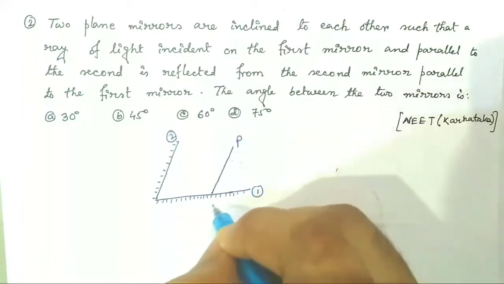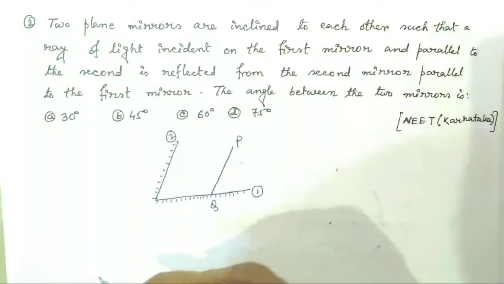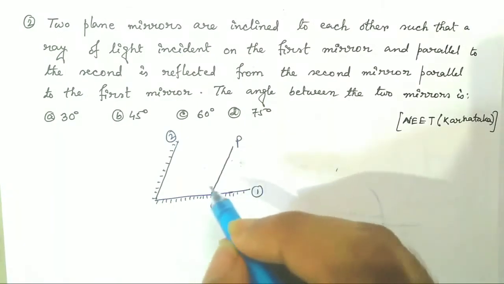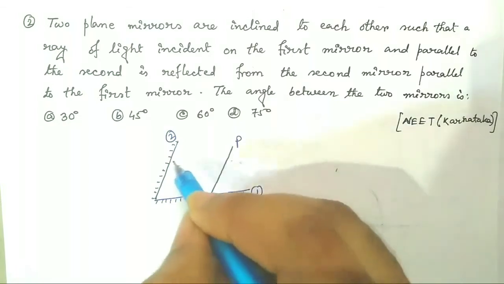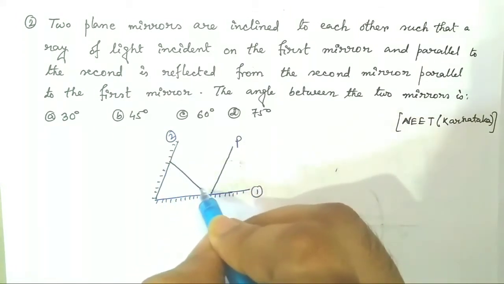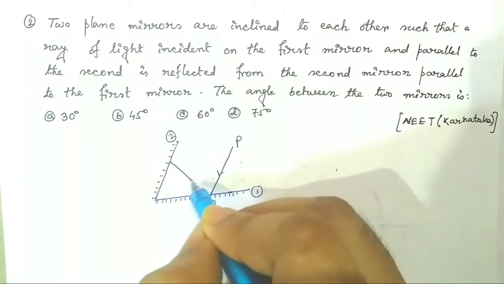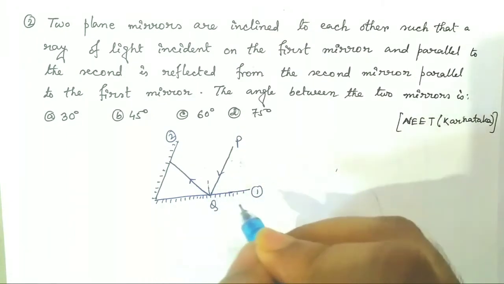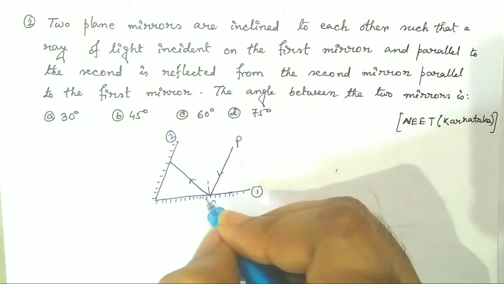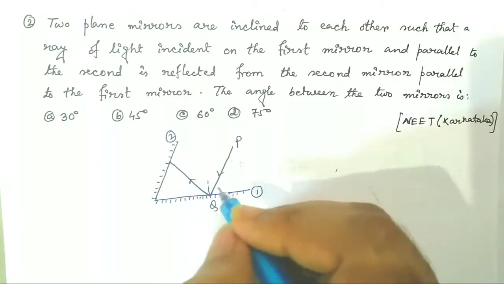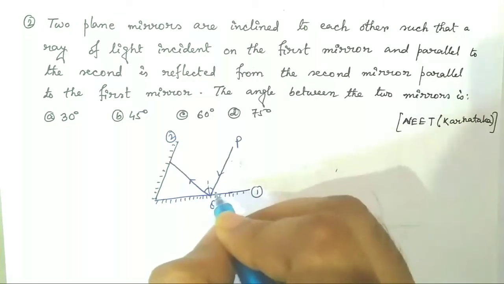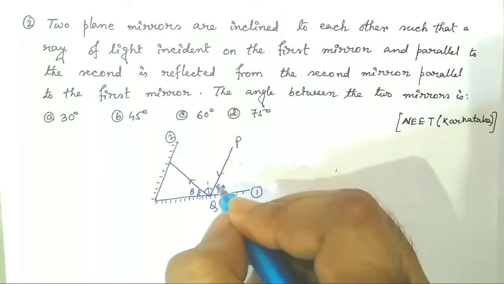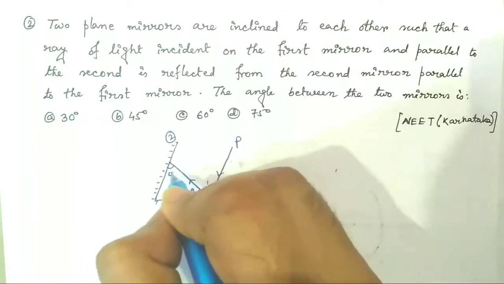A ray PQ is parallel to the second plane mirror, incident on the first mirror, and then it is reflected along this path. According to the law of reflection, we know the angle of incidence equal to the angle of reflection. Then these two angles are equal, and of course these two angles must be equal. Now if this is theta, this must be theta.